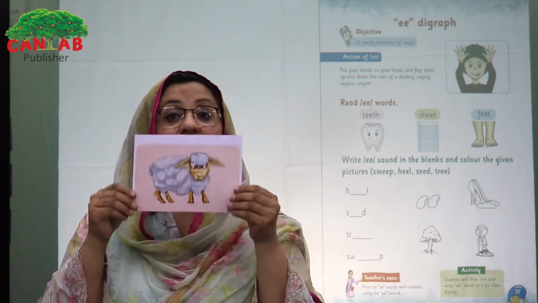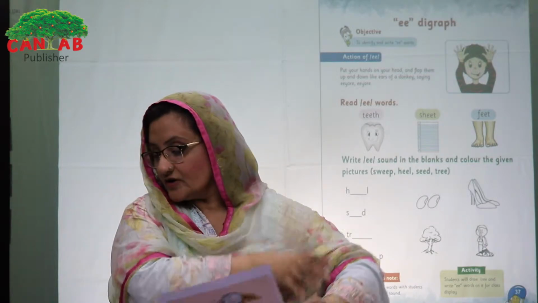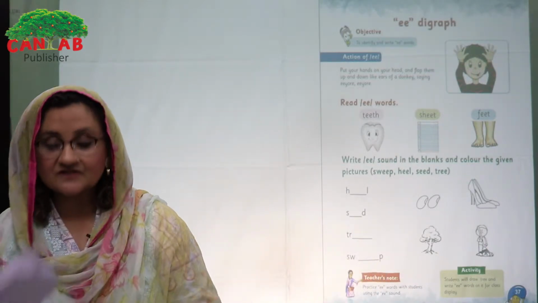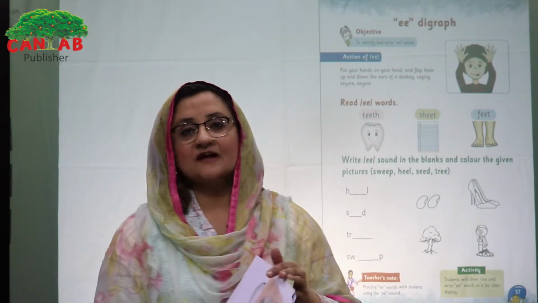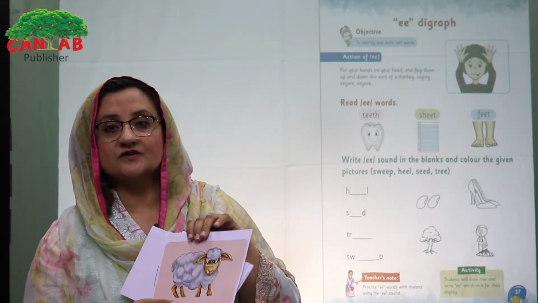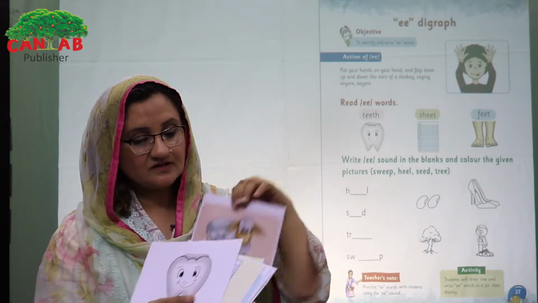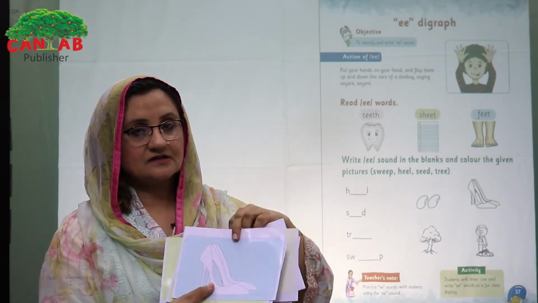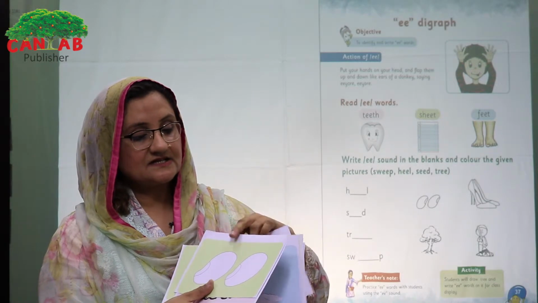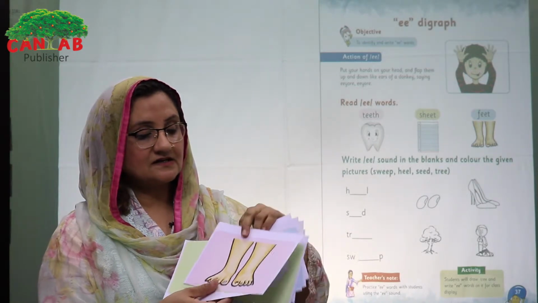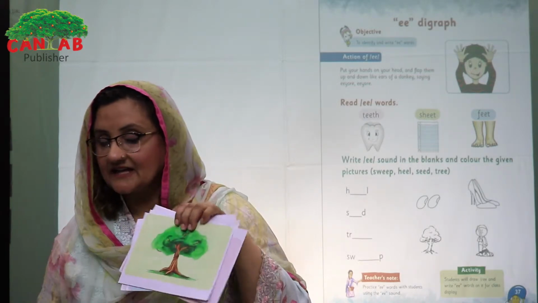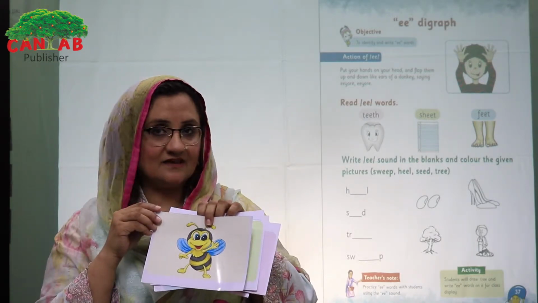And baa. Sheep. What you can do, you can distribute all of these flashcards among the students and let them name the picture. Sheep, teeth, sheet, heel, seed, feet, tree, and bee.